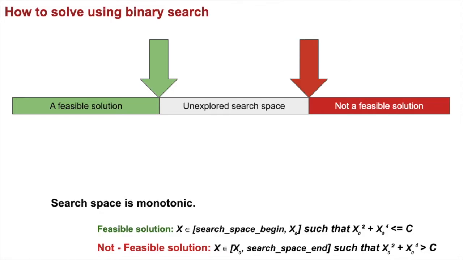Initially low to high is the entire search space, because we haven't started exploring yet. And from high to the end of the search space, there can't be a feasible solution. This is the condition that we maintain after every iteration of the loop, that's why it's called a loop invariant.